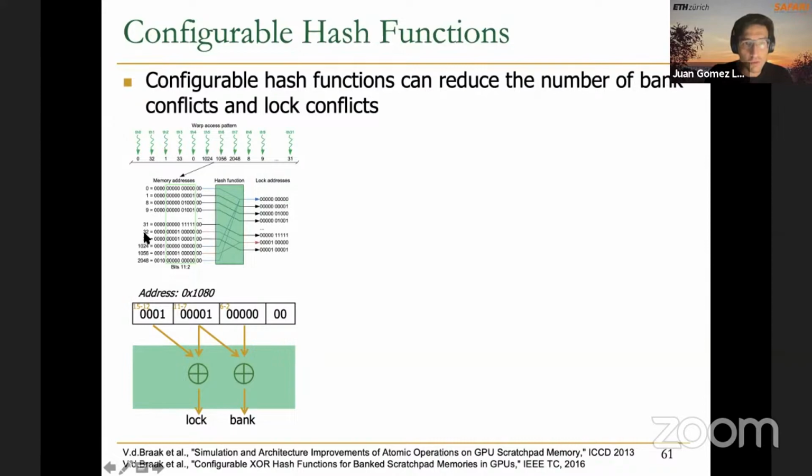So this gives us some hash values generated by this hash function. And instead of, for example, this address 32 corresponding to this log address, it's probably going to correspond to a different one.